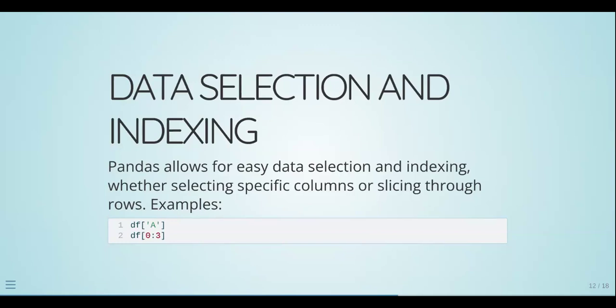So to index, when you do data frame and you use your square brackets and put in the column name, it's going to give you your column. And then when you do data frame and put in numbers 0 to 3, in that case, if you put a single bracket, you're going to reference that particular column. So we're going to go into details in the notebook.